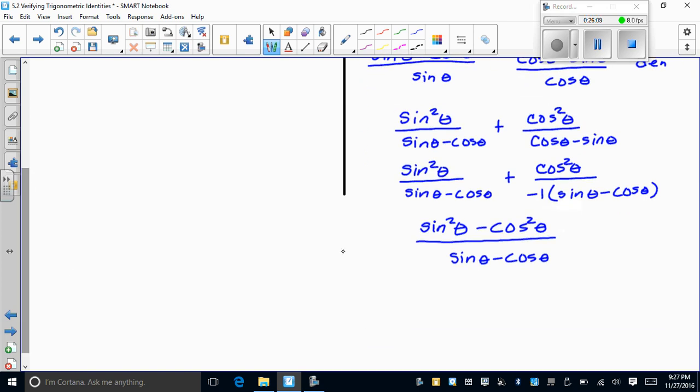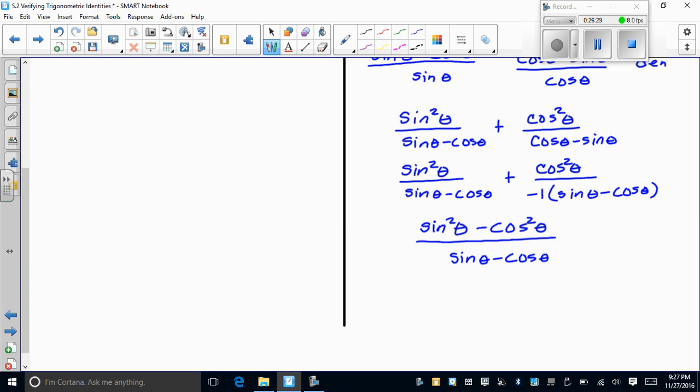Okay, almost done. Promise. Because this one here, there's your difference of squares. Notice that I've used no identities throughout this whole thing. This is straight out algebra. A perfect square minus a perfect square.